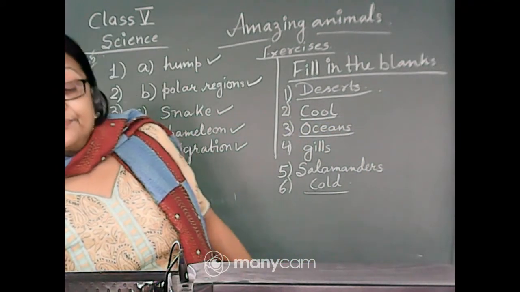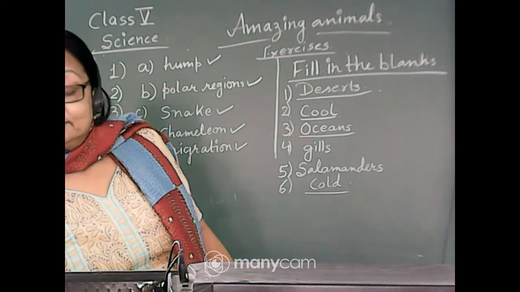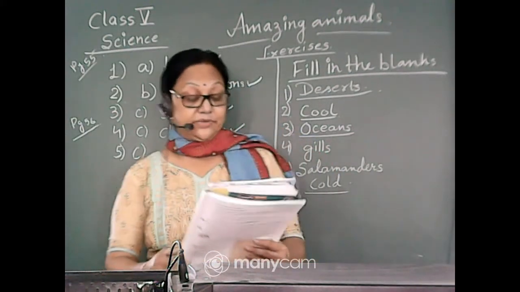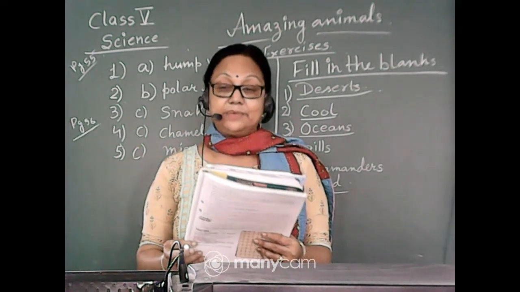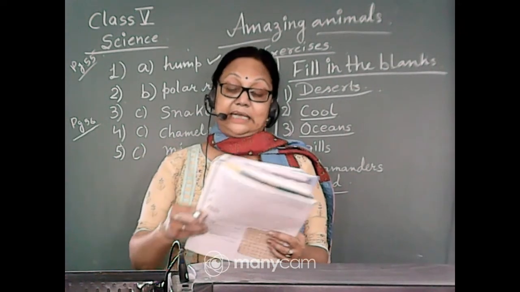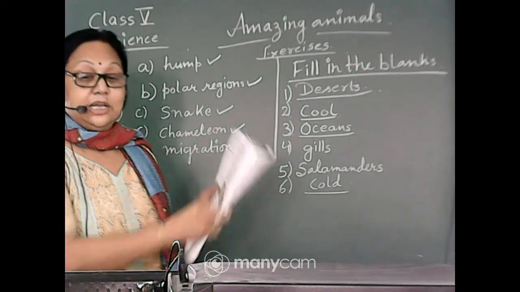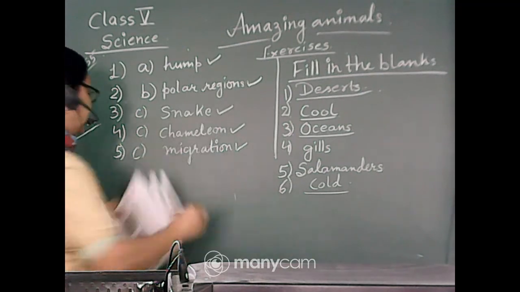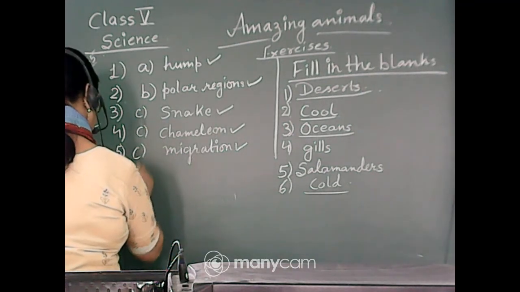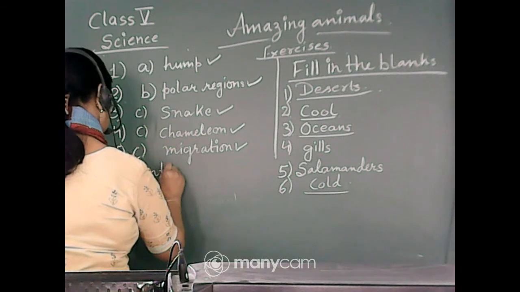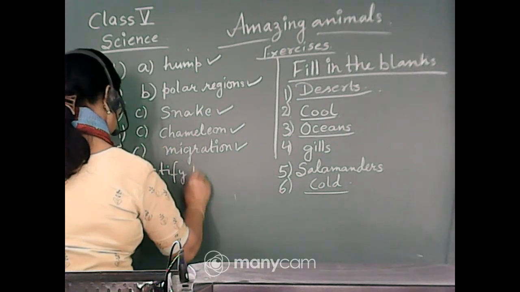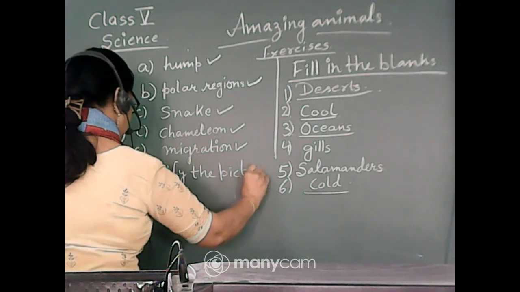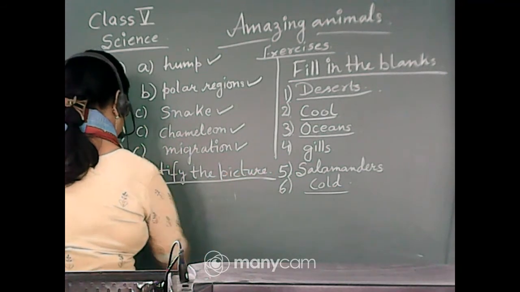Now the next one: identify the animals in the picture and write their names in the spaces provided. Identify the picture. What is the first one?